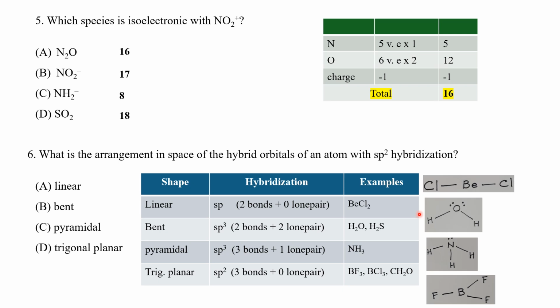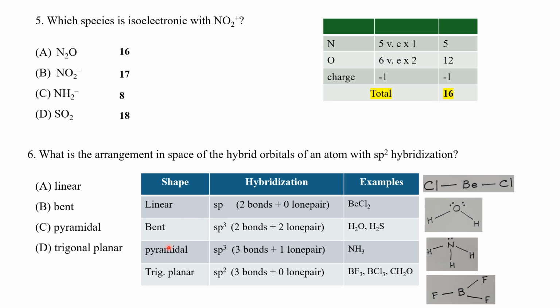For example, BeCl2, beryllium is the central atom. So there are two chlorines attached to beryllium. It is sp hybridization. An s orbital and a p orbital hybridize to form two sp hybridized orbitals. So each sp hybridized orbital on beryllium overlaps with the two chlorine atoms' three p orbitals.